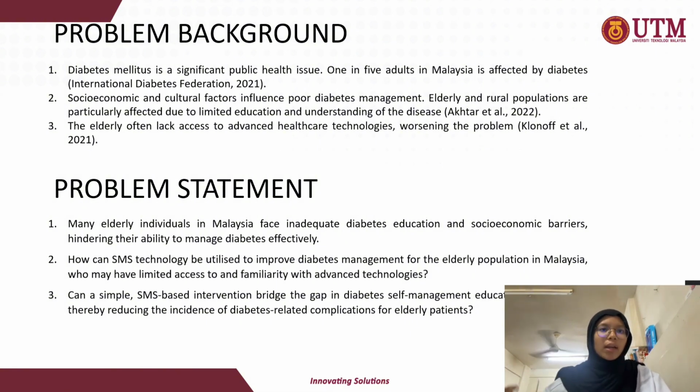So as I said, I will be using an SMS system in solving this matter. Third, can a simple SMS-based intervention bridge the gap in diabetes self-management, education and support, thereby reducing the incidence of diabetes-related complications for elderly patients?